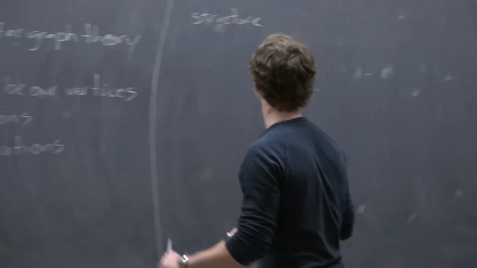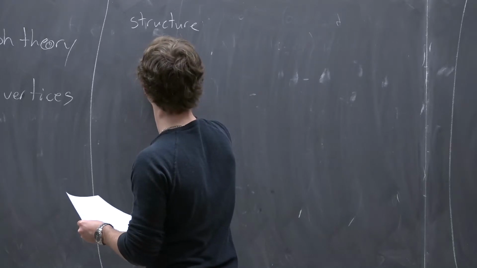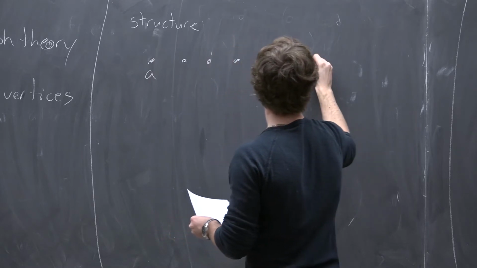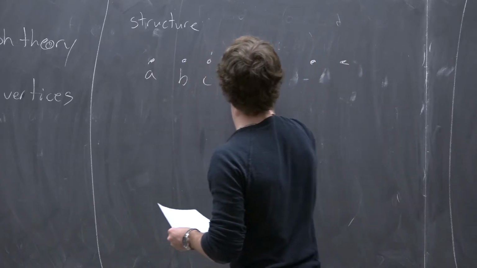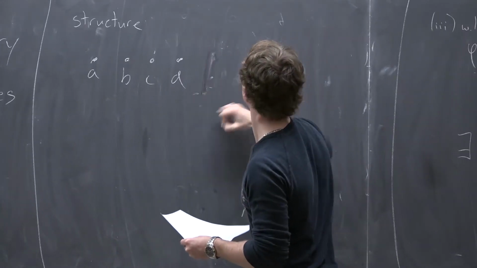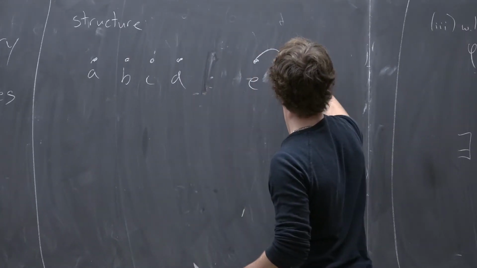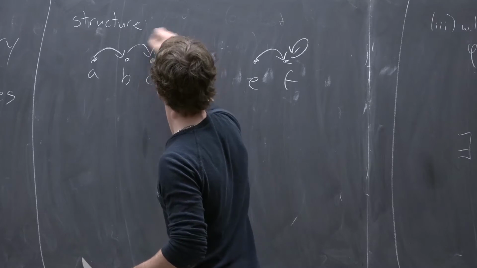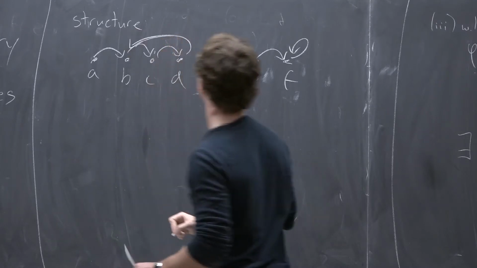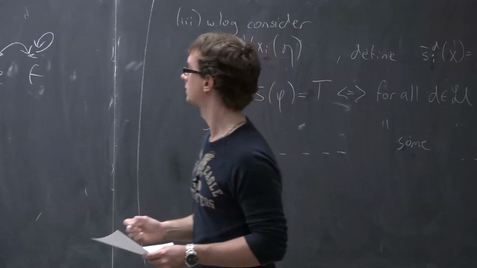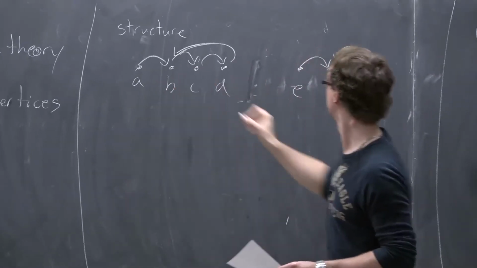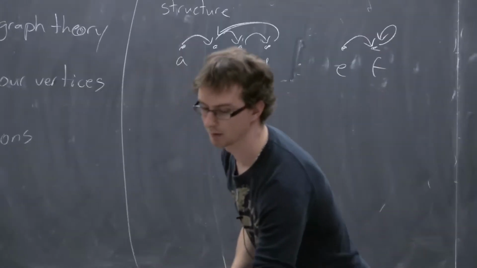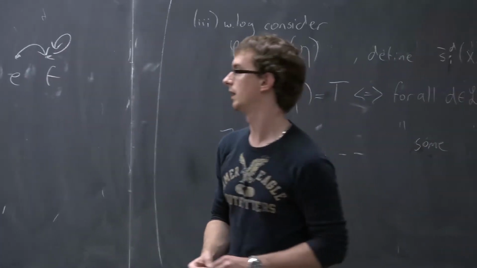So an example would be maybe we have A, B, C, D, E, F, so we just have a path from A, B, C, D back to B, and then E to F back to F. So this is our graph. And what we want to do is encode this graph in the semantics of our language.